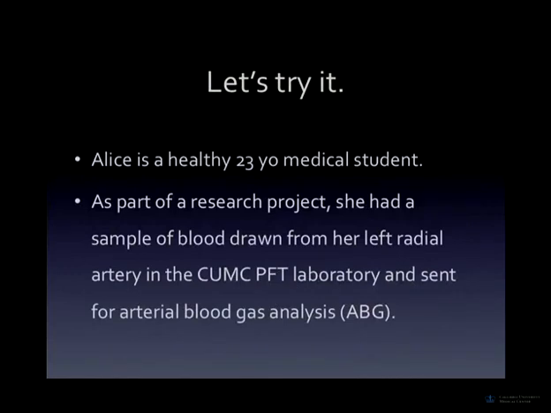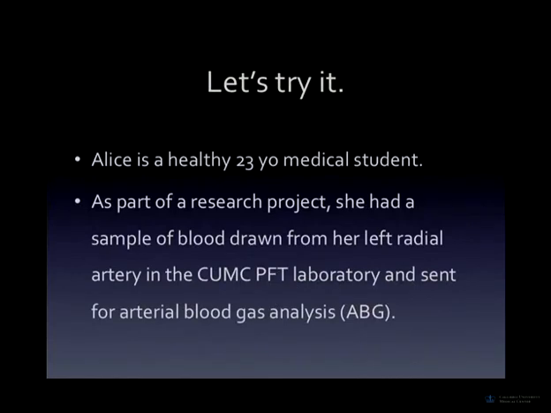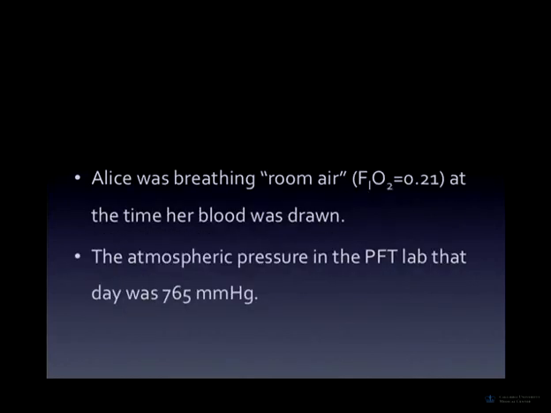So let's try it. We can start with some practical examples. Alice here is a healthy 23-year-old medical student. As part of a research project, she had an arterial blood gas drawn. It was done in the PFT laboratory and sent immediately for ABG analysis.